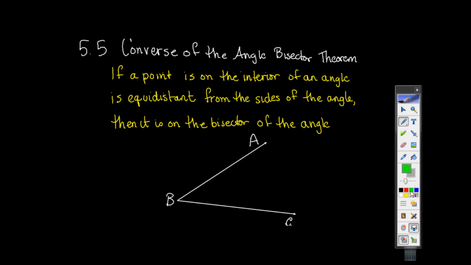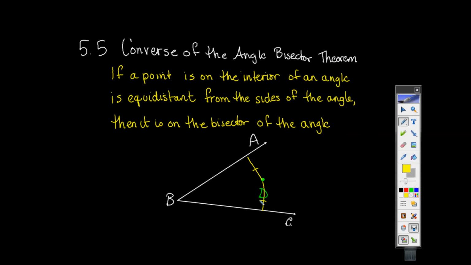So I got an angle and I pick a point and I'm careful and I measure and I make sure that these two distances are the same. Then what that tells me is if I pick a point in the center and it's the same distance from each side of the angle, then the bisector goes through that point.